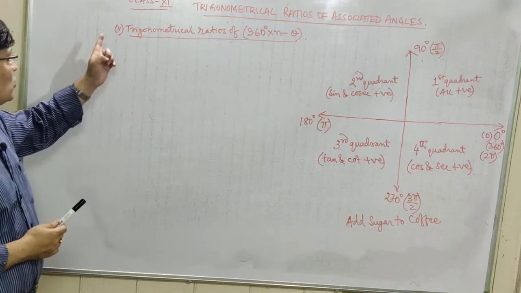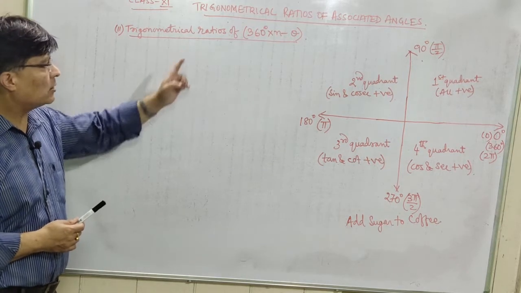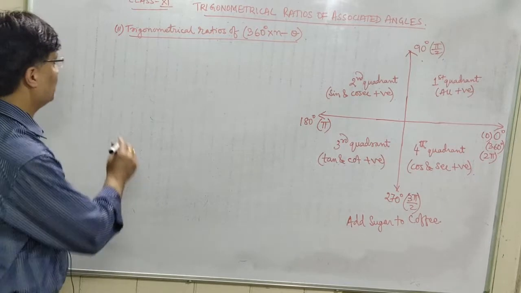Formula number 11 is how to write down the trigonometrical ratios of 360 degree into n minus theta.